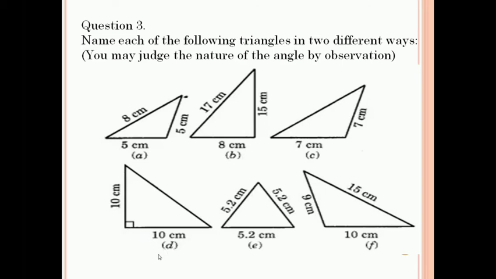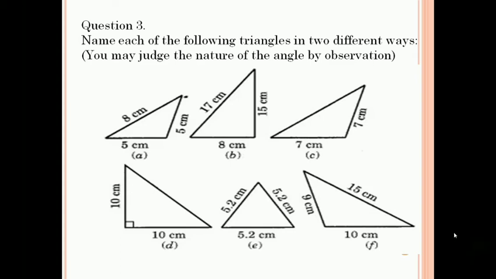In this diagram two sides are the same and a right angle is given, so it is a right angle triangle and an isosceles triangle. In diagram E all three sides have the same measurements, that means it is an equilateral triangle. And in diagram F you can see all the sides have different measurements, that means it is a scalene triangle.